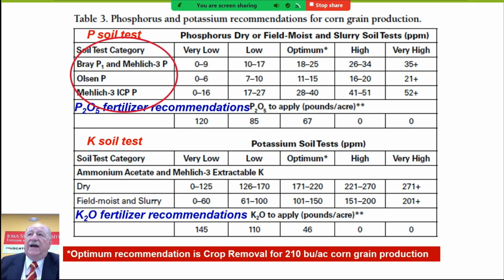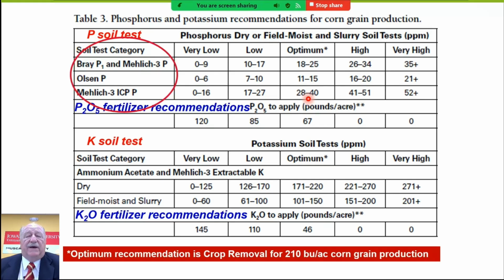If you look at the categories off on the right-hand side, you will notice that these numbers are a little different depending upon which test we use. The Bray P1 and the Mehlich 3 throw basically the same numbers, but the Olson throws lower numbers, and the Mehlich ICP throws higher numbers.